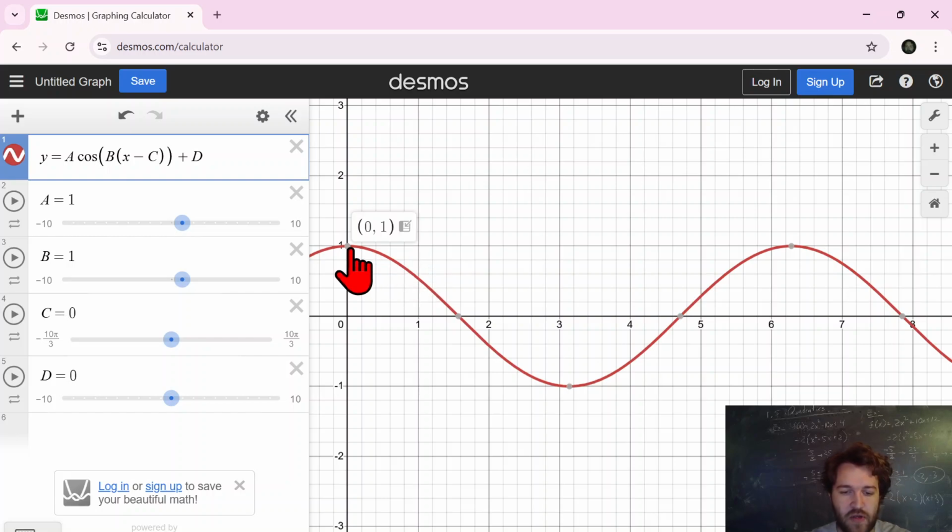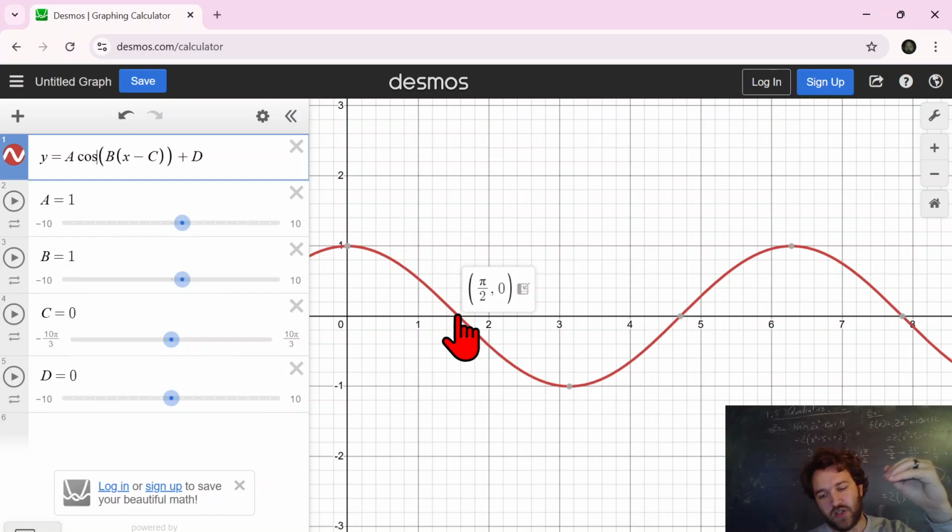Cosine, on the other hand, if you think about your unit circle, when we go to the unit circle position 0 degrees or 0 radians, it starts at a value of 1. And then as I increase to 90 degrees, you notice that at 90 degrees, the cosine takes a value of 0. So that means that this wave function has to decrease from 1 to 0 within the first 90 degrees.